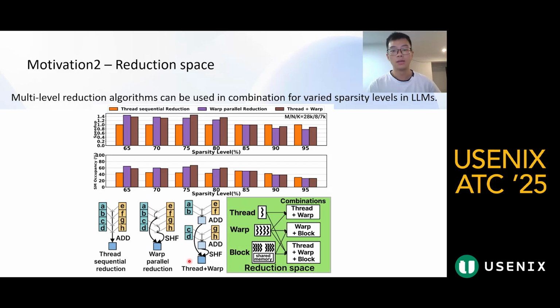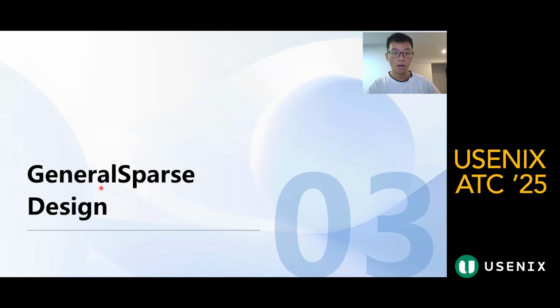Then thread and warp levels can be used in combination, forming this complex reduction space. Then we find for different sparsity levels, the thread, warp, and thread-add-warp strategies can obtain higher performance in different situations. Next, we will introduce the GeneralSparse design.